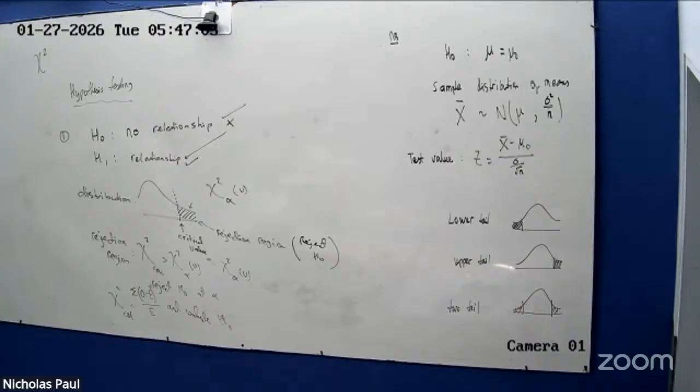Over a period of time, it has been established that the marks can be modeled by a normal distribution of mean 70 and standard deviation 6.